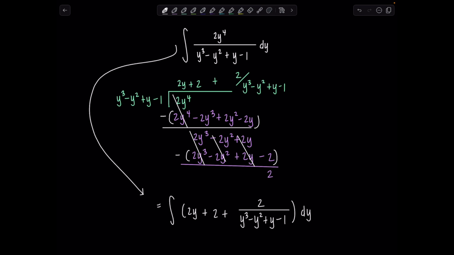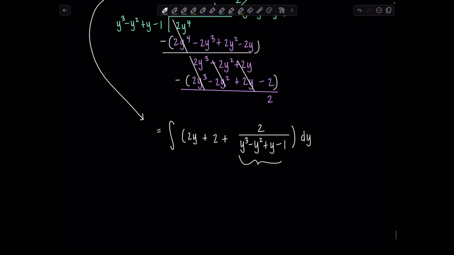Good? Okay, now it's time to find the partial fraction decomposition for that last term right there. Okay, and then 2y and 2, we can integrate those, no big deal.